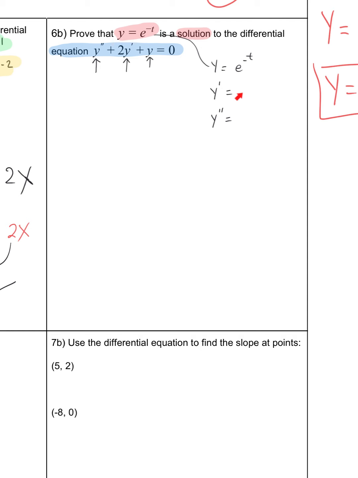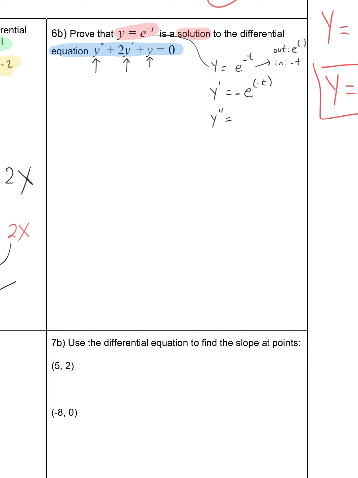To take the first derivative, this is a chain rule. The outer function is e to something, the inner function is negative t. So the derivative of the outer is e to something, the inner as is, negative t, and the derivative of the inner is negative 1. So I put that out front. So the first derivative is negative e to the negative t.